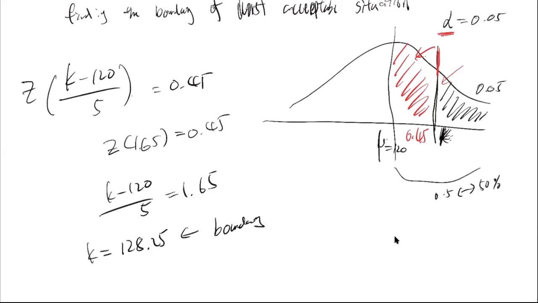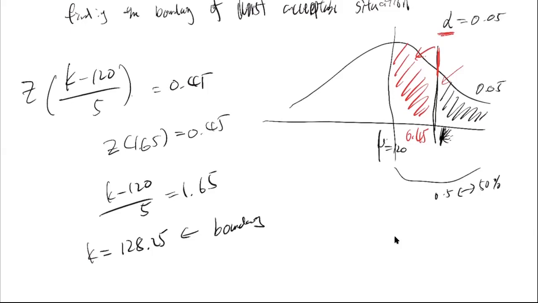So that value means that if the blood pressure of the patient is higher than this value, the patient has high blood pressure. If the blood pressure of the patient is lower than this value, that means we don't have enough significance to reject our null hypothesis.